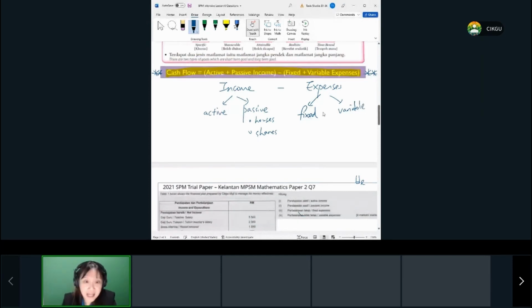Fixed expenses means every month is the same. For example, if you buy a car, normally you won't buy a car by cash, because the cheapest car is like 30K, 30,000. If you want some Mercedes or BMW, it can go to 200, 300,000.